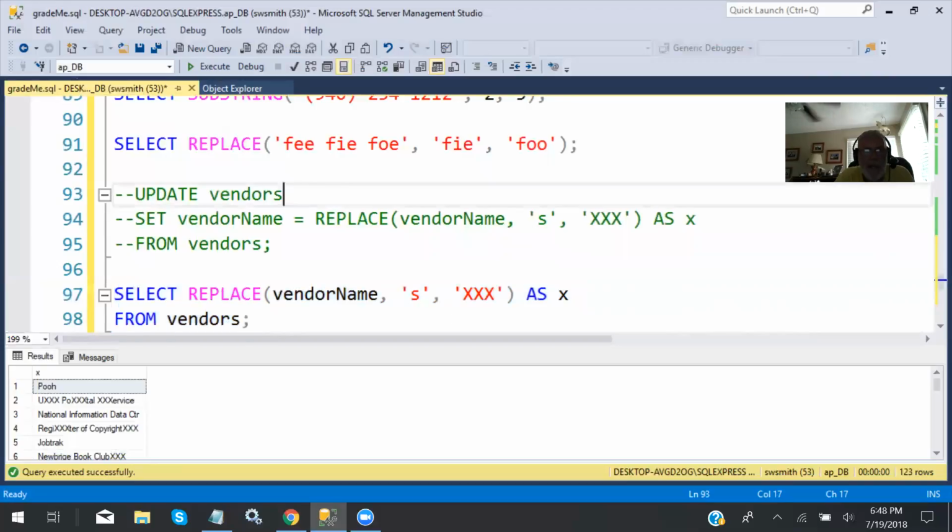If I do an update like this one, I've just changed all my data, because this returns a new string. And what am I saying? I'm saying set the vendor name to this new string that it replaced. This one, I'm just saying show me what the new string would be.